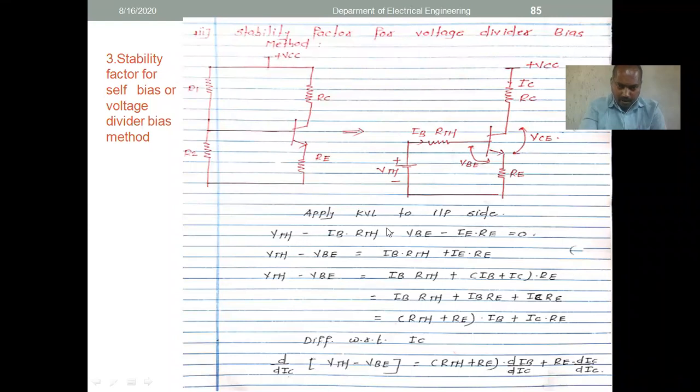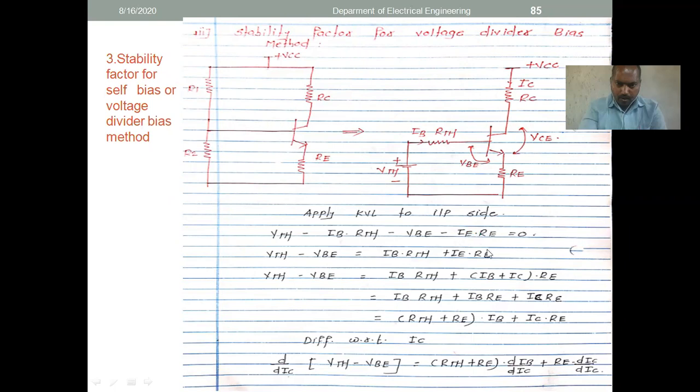Now in that equation, we take two things separately: VTH minus VB. All other terms go to the other side as positive. So VTH minus VB is equal to IB into RTH plus IE into RE.